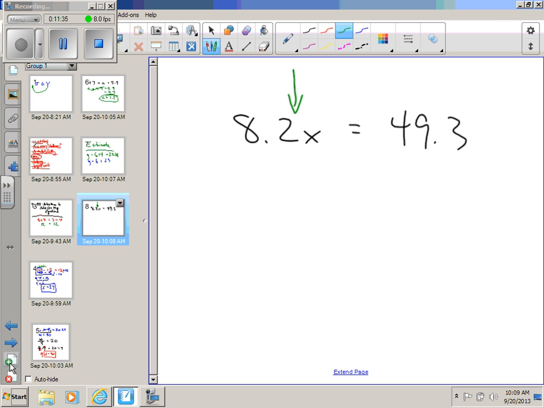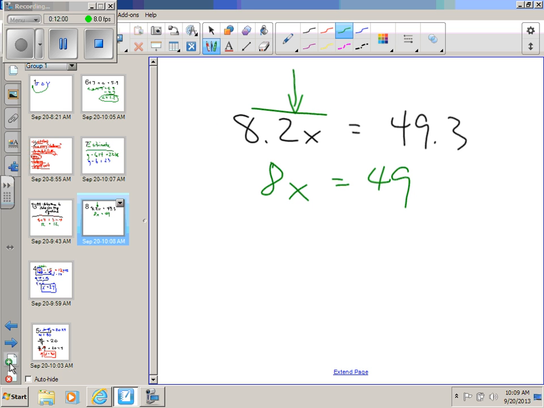So just saying that I'm going to round the 8.2 to 8 and the 49.3 to 49, is that going to work out in my favor if I say, you know what, I'm just going to divide both sides by 8? Because 49 is not divisible by 8.